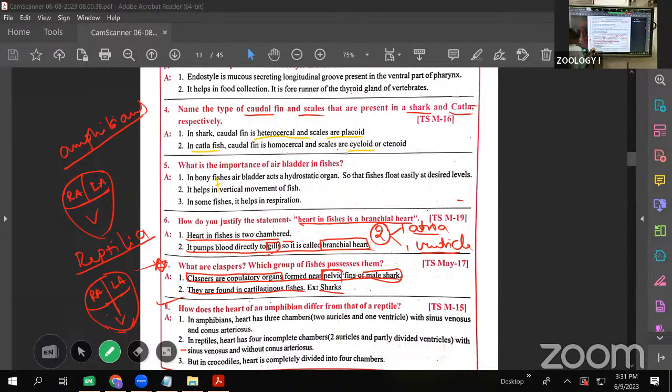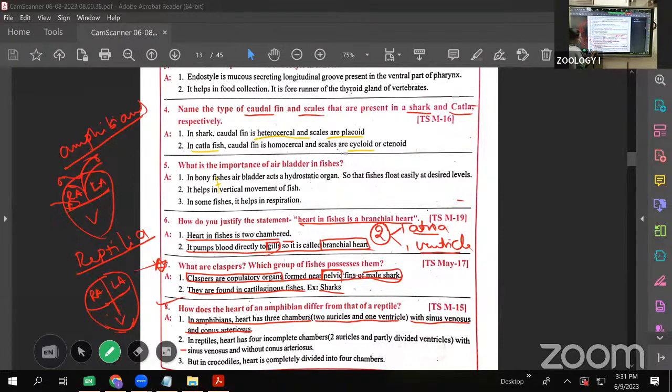Listen, see this one. In amphibia, the heart is three chambered: two auricles and one ventricle, with the sinus venosus and the conus arteriosus. The conus arteriosus is this one, and the sinus venosus is the triangular one. This is also present in the amphibia.